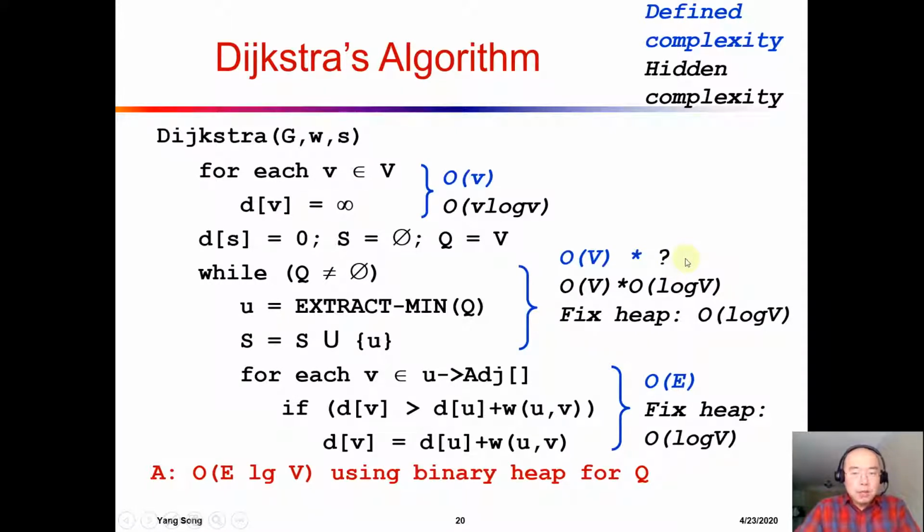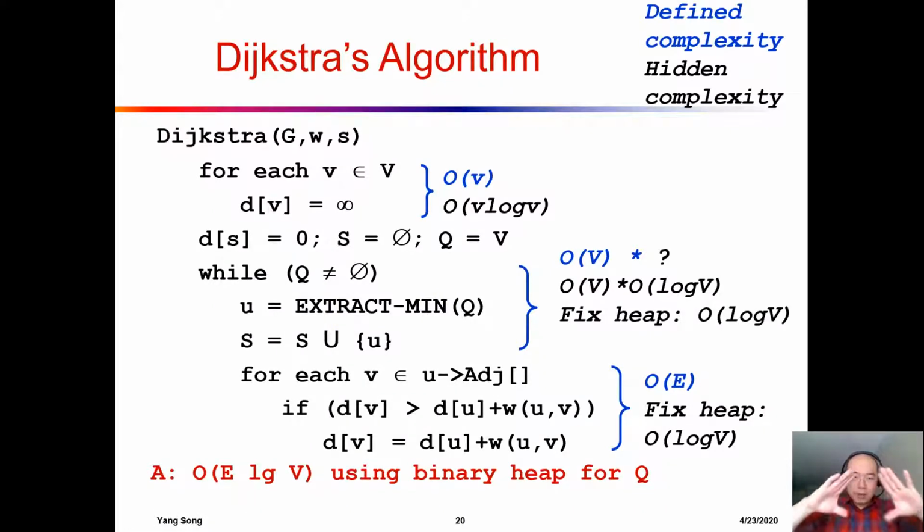If we are extracting the min value from a min heap, what is the time complexity? If we only want to see the min value, that is the root, the very top of the min heap, so that is constant time. However, we want to extract that, to take the minimum out from the heap.